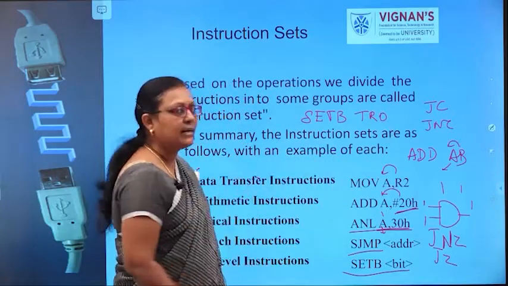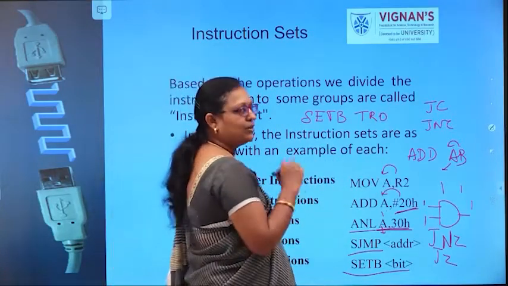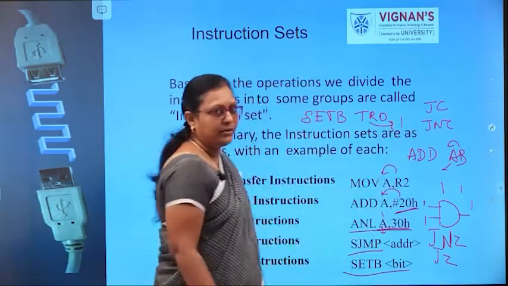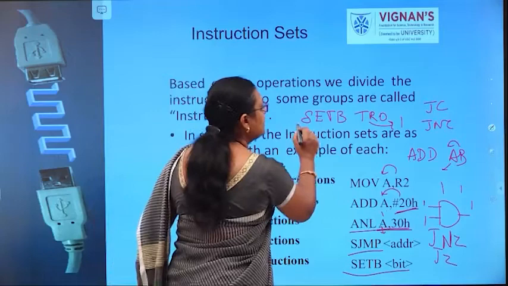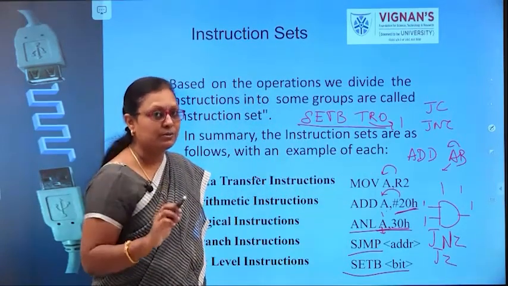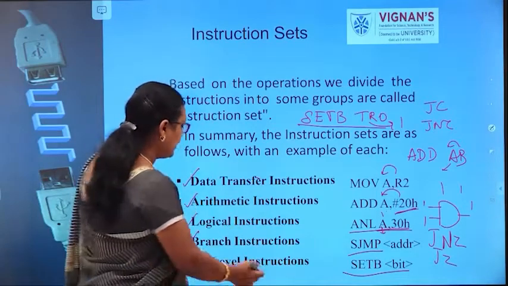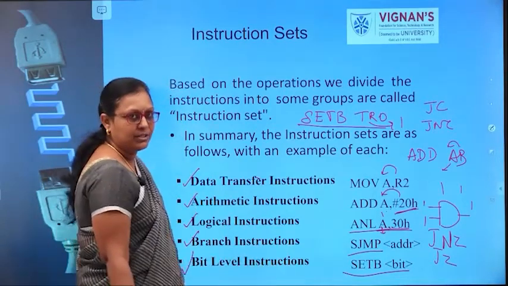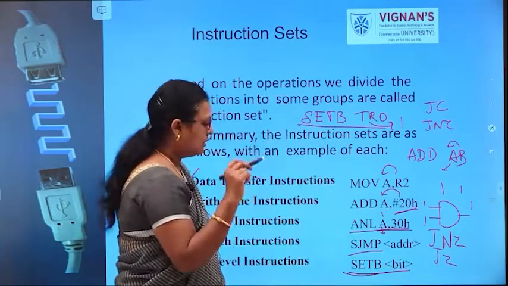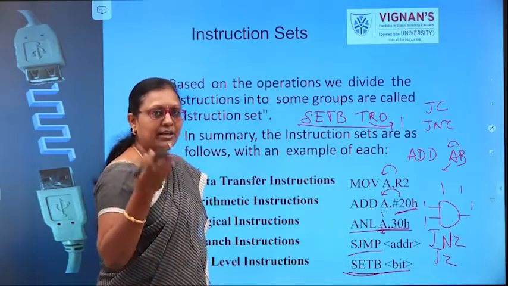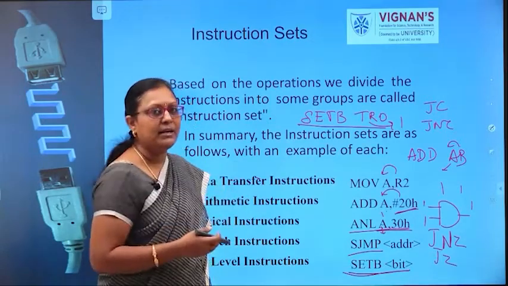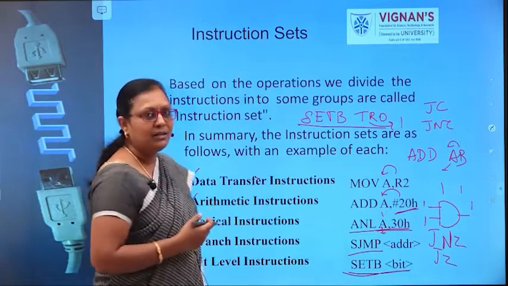I want to start timer 0. So what is that bit in order to start the timer? TR0 bit should be 1, right? So if you give the instruction SETB TR0, automatically your timer 0 gets activated. So that is given by this bit level instruction. Clear? So SETB, that bit corresponds to TR1 or TR0 or TF0, TF1, everything. All these bits can be enabled by using these bit level instructions.